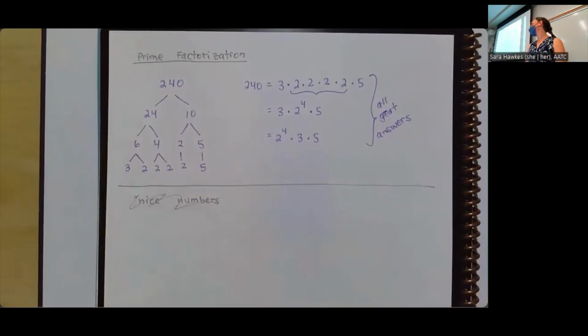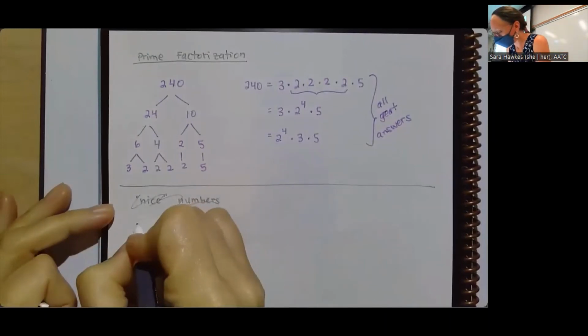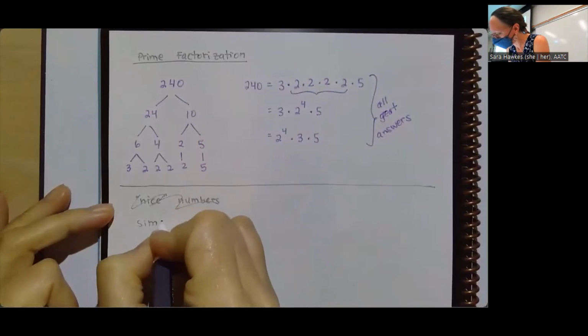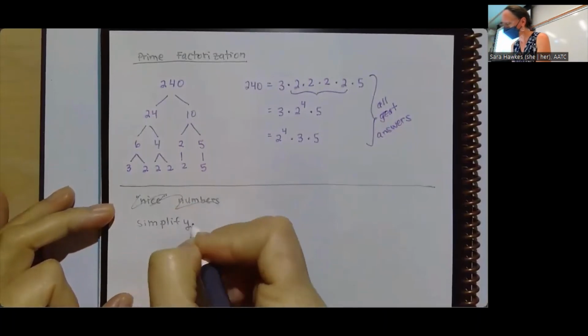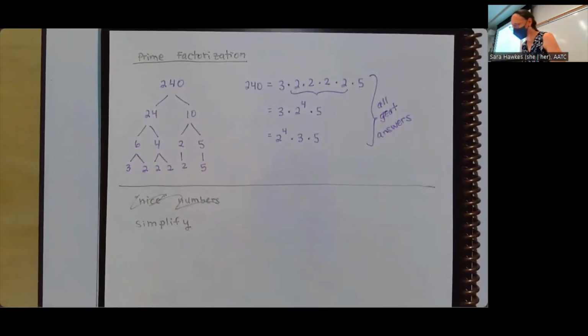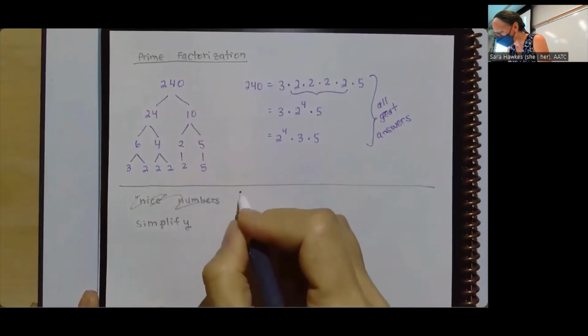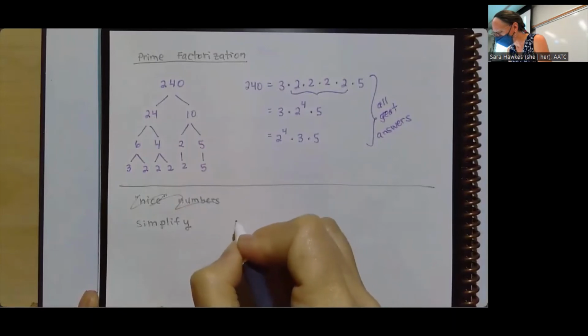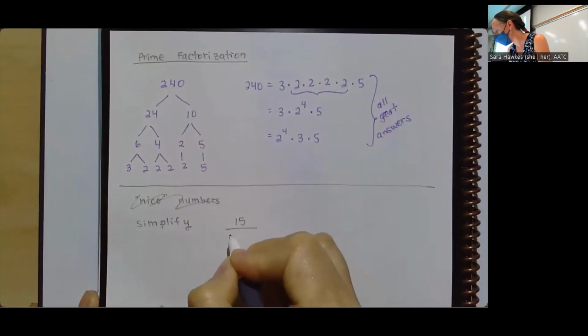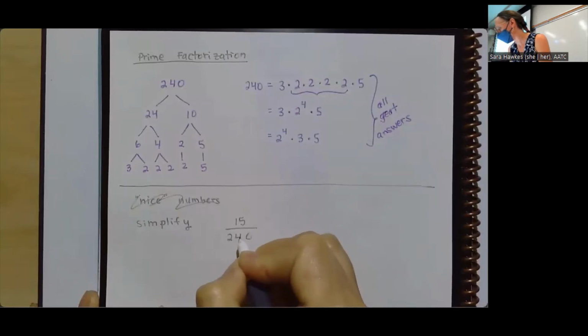Okay. So I mentioned that we were going to talk about the dreaded F word on Monday. We're going to talk about factoring. Let's say that I asked you, my least favorite thing, to simplify 15 over 240.